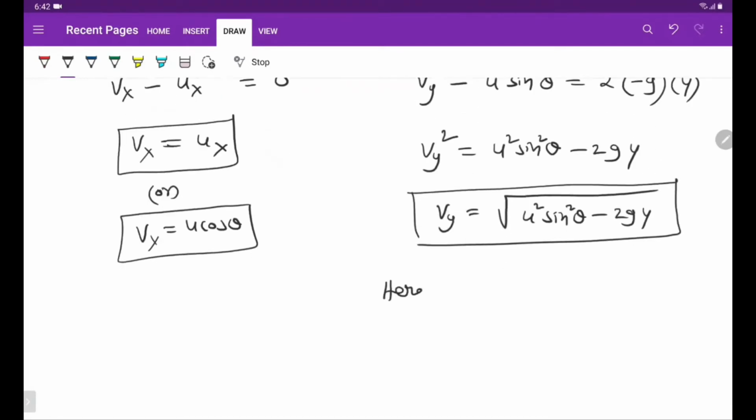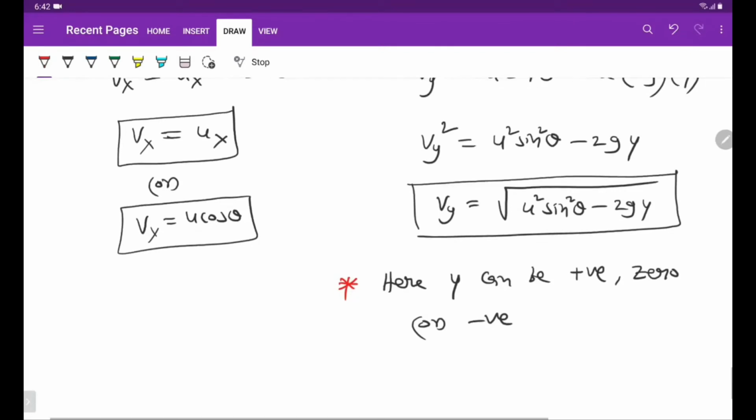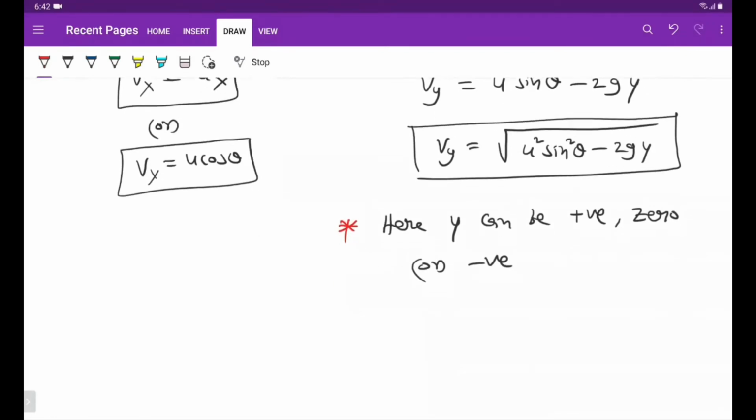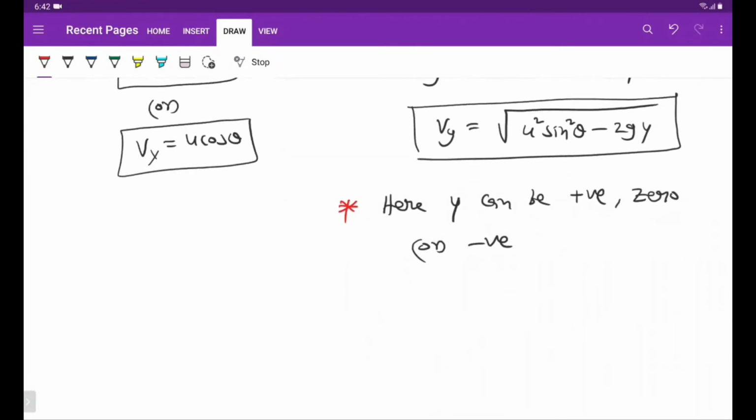Here y can be positive, 0 or negative, as we just discussed. Anyway, the total Vy value you should always get is positive, because the square root of a negative value is imaginary and does not exist, so inside the root you always get a positive value.